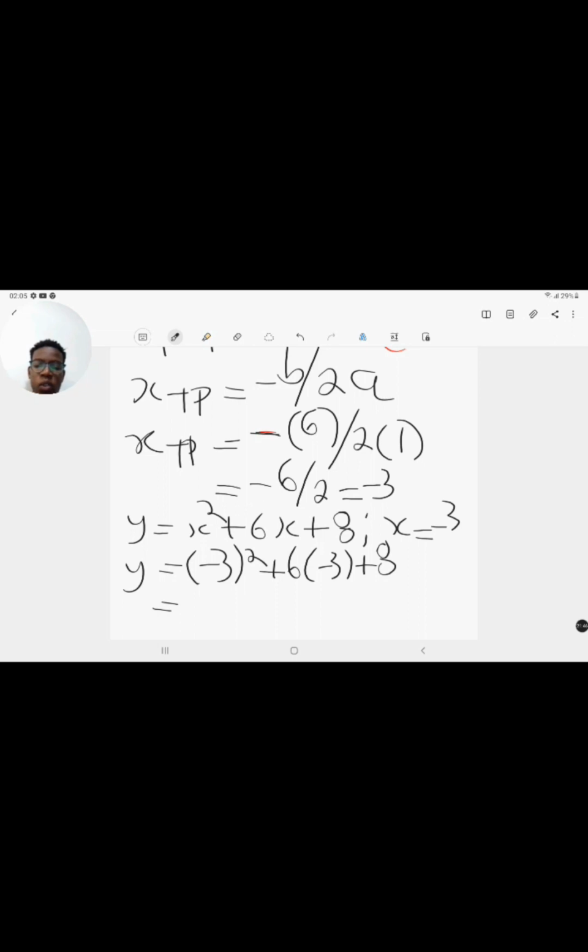What is minus 3 squared? Minus 3 squared is 9. Okay, what is 6 times minus 3? 6 times minus 3 is minus 18. Then plus 8. Then this is equal to 9 minus 10. Okay, this is equal to 9 minus 10, and your answer is going to be minus 1.